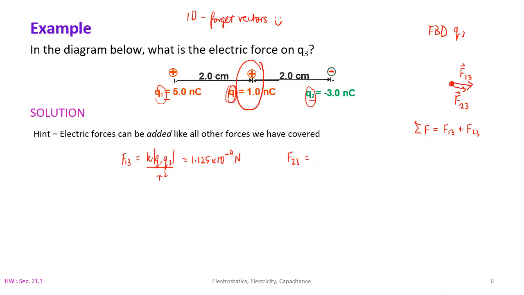This will be K Q2 Q3 over R squared, and that will be 6.75 by 10 to the minus 5 newtons. So the electric force on Q3 is going to be the sum of those forces, which is 1.8 by 10 to the minus 4 newtons to the right.